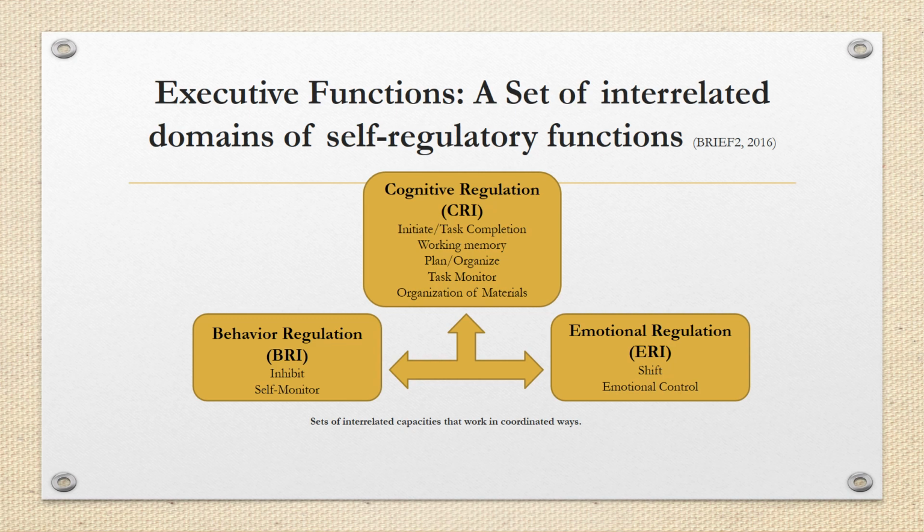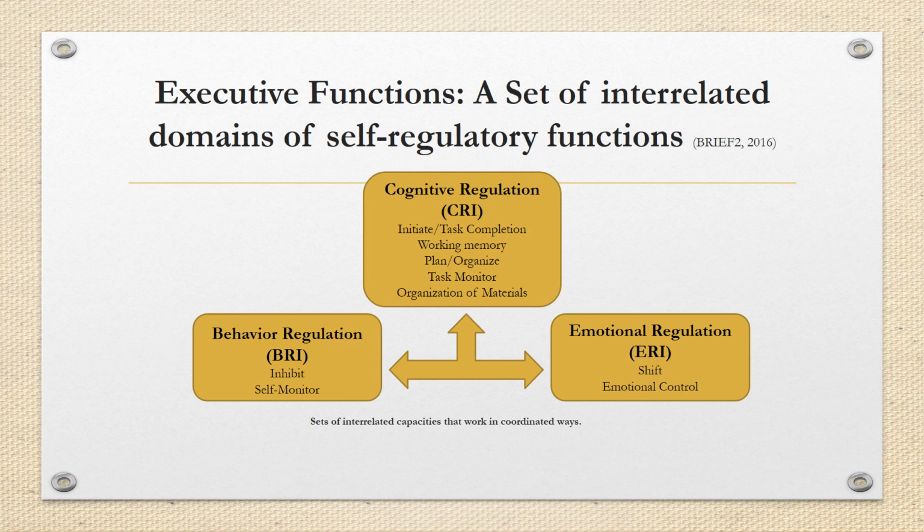There are many different models for executive functions. Today we're going to be using, and in the subsequent training in this series, we will be using the model that is suggested in the BRIEF-2.